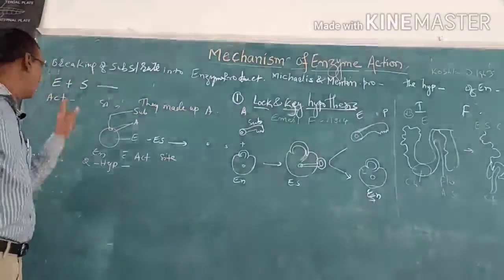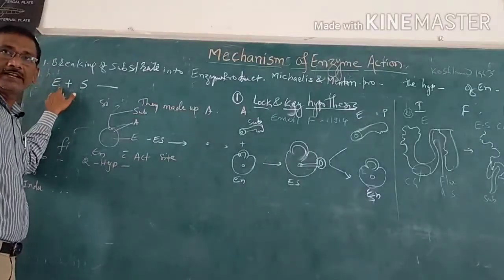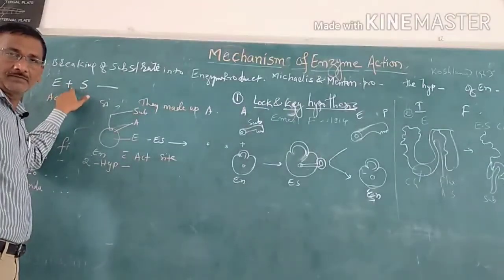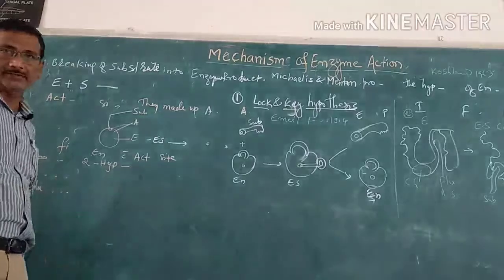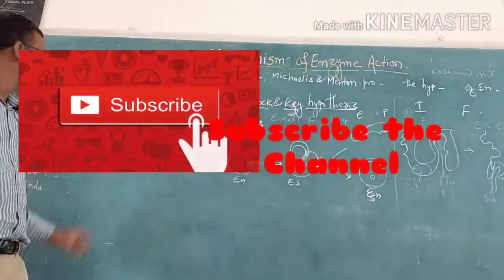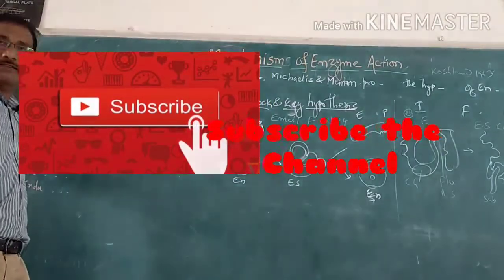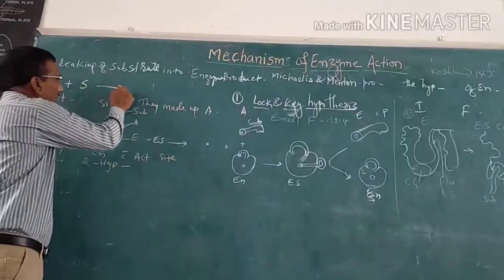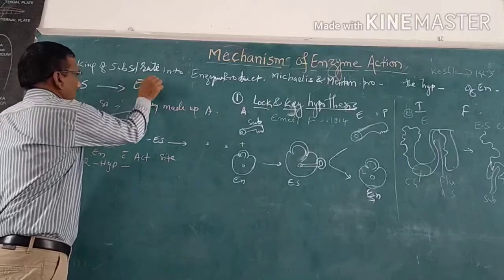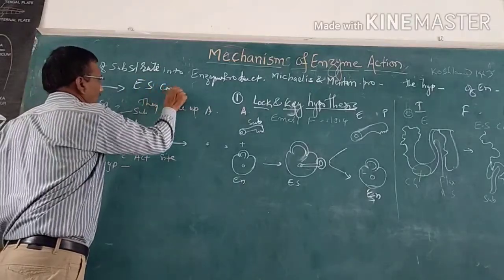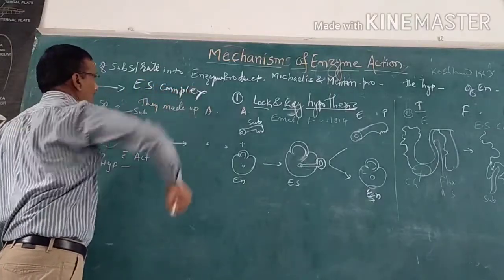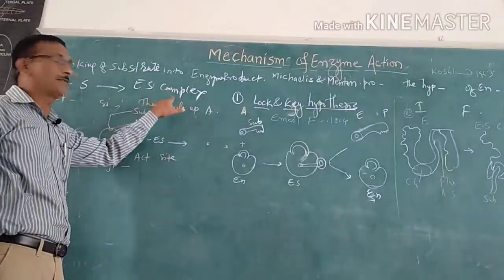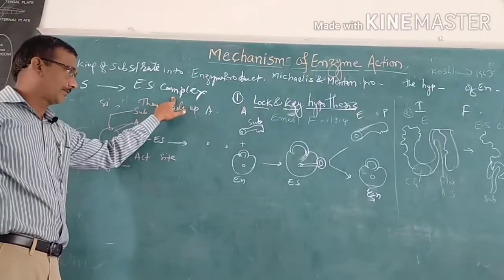E is represented as the enzyme and S represents the substrate. E plus S, enzyme plus substrate, is equal to ES complex. ES complex means enzyme substrate complex.